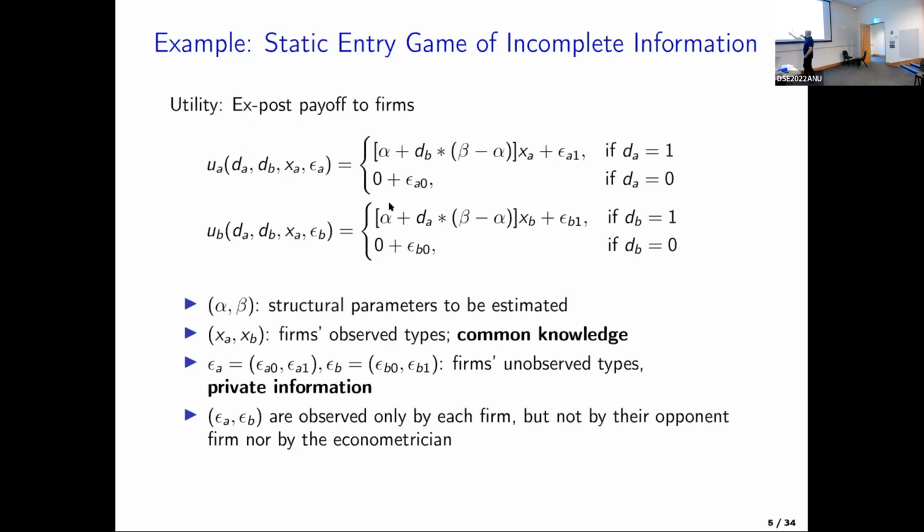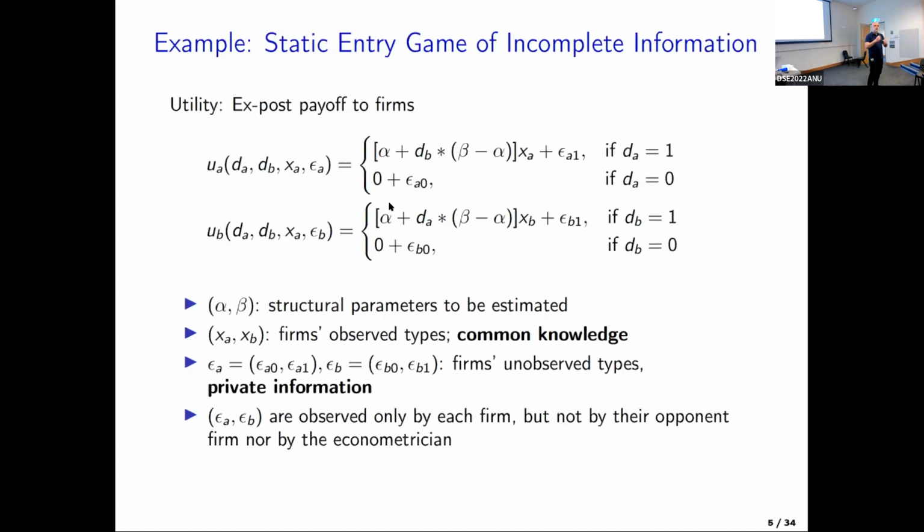X_A and X_B are just observed firm types. They're going to be common knowledge among the two players. We're not going to try to add any sort of variation here, but that's what could be in there. We're just going to take that as data. And then there's going to be the extreme value shock, right? Surprise.